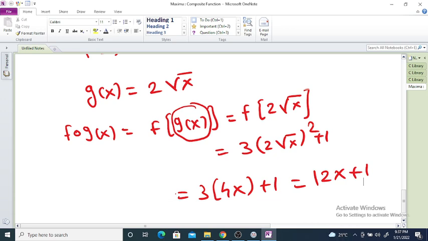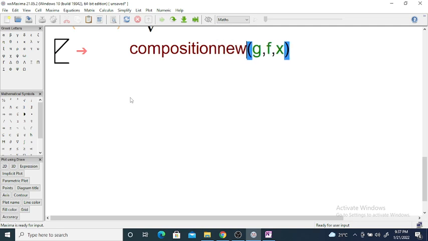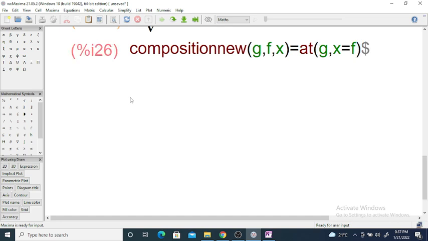Okay, so now by using Maxima, we are going to define a new user defined function, a composition of g, instead of g f. I am writing here g f, say x is equal to, and I am writing here composition new is equal to, now at g x is equal to what? f. Now dollar. So shift enter.